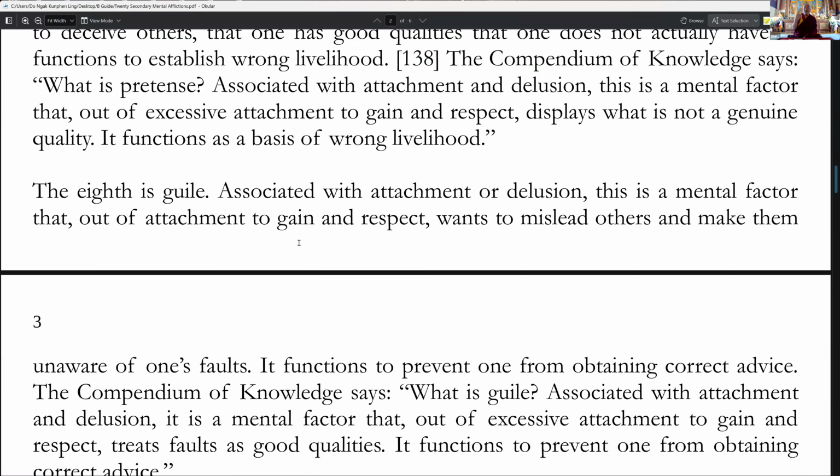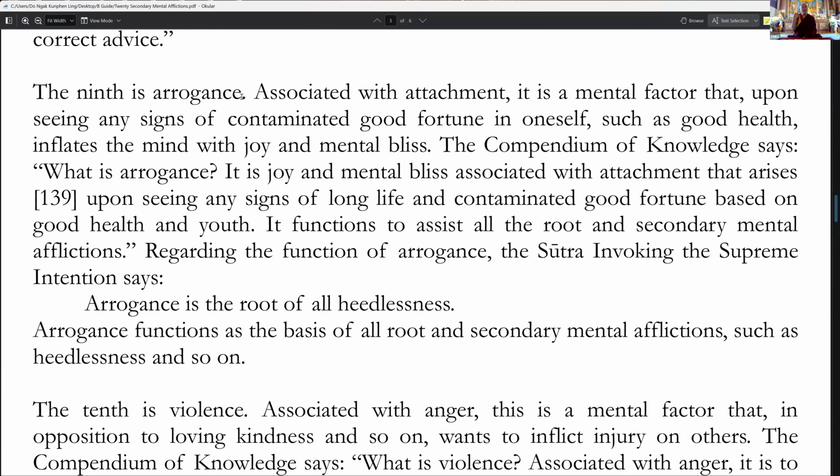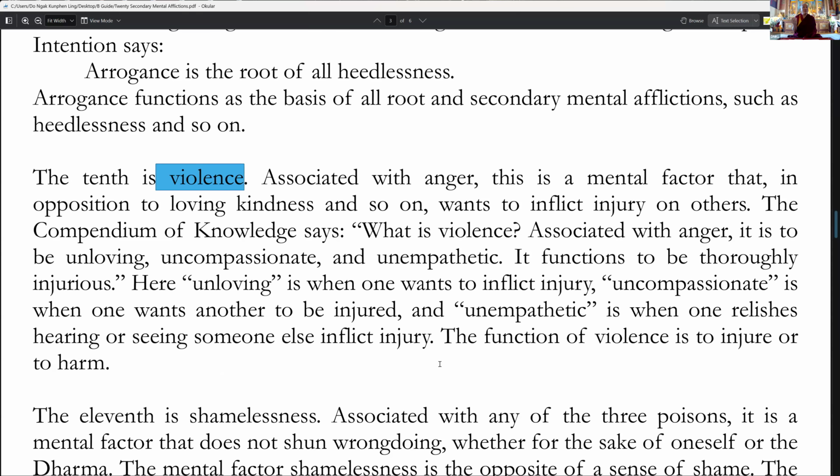It is arrogance about good health or an attractive body. And then violence here means a lack of compassion or a lack of love for others. Of course, it is also associated with violent action, but the actual violence is the lack of compassion or love.